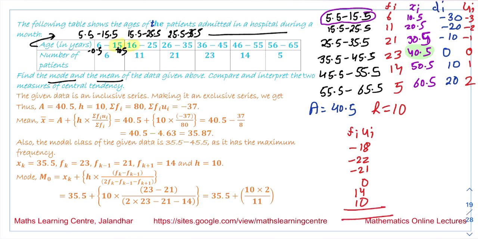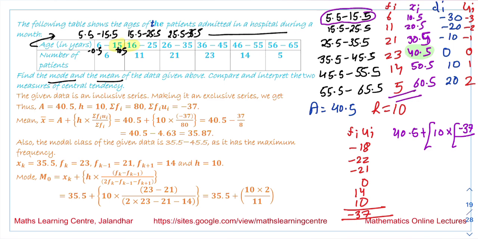When we sum all these values, we get the value of sigma Fi Ui, which is equal to minus 37. So the mean that we obtain from this: the formula for the mean is A plus h into sigma Fi Ui over sigma Fi. The value of A is 40.5 plus the value of h we have taken, which is 10, into sigma Fi Ui, which is minus 37, over sigma Fi.